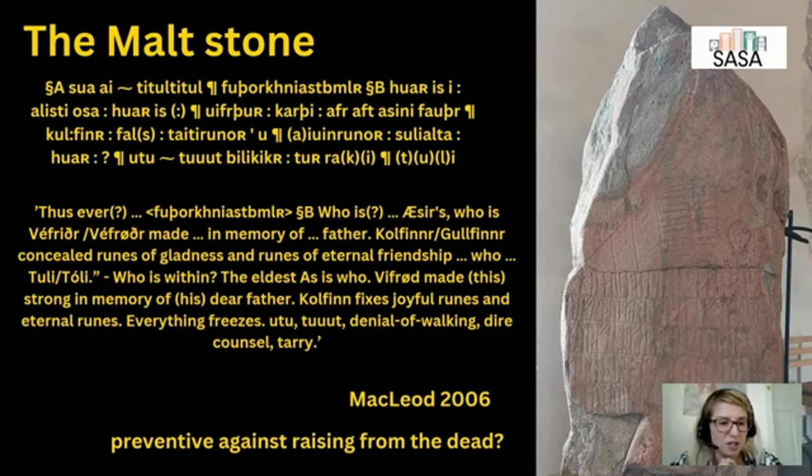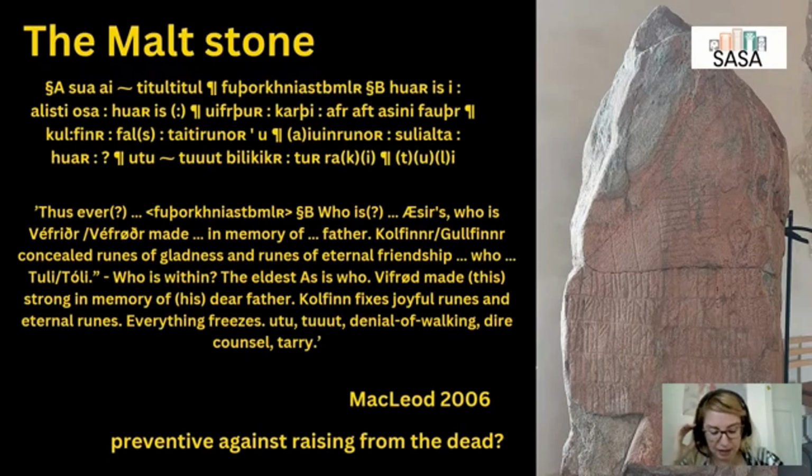And it also features an interesting picture with a man's head with a cross on his forehead, which would be a clear Christian symbol. But the context of the runic inscription might point to several older pagan elements.